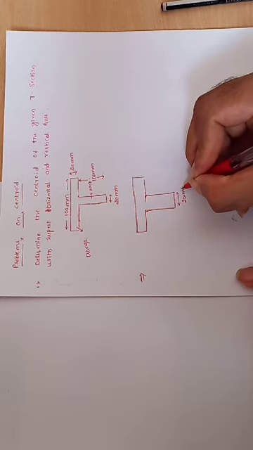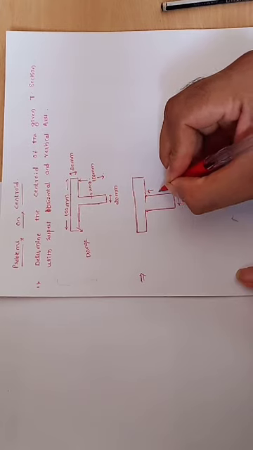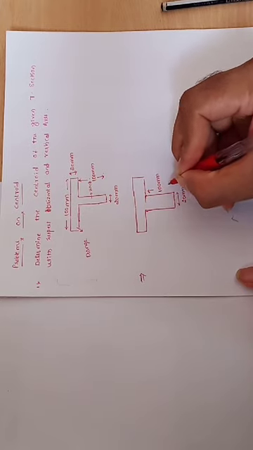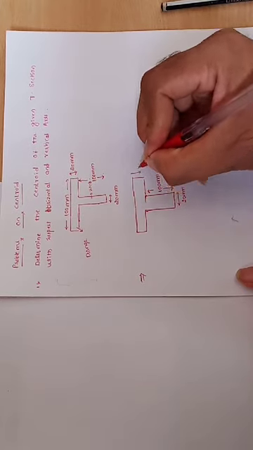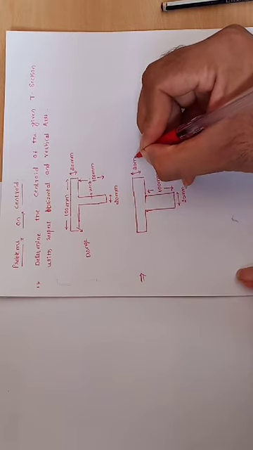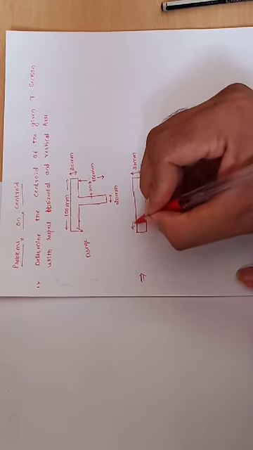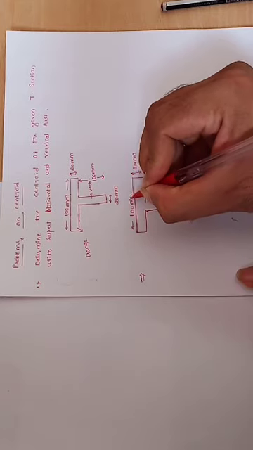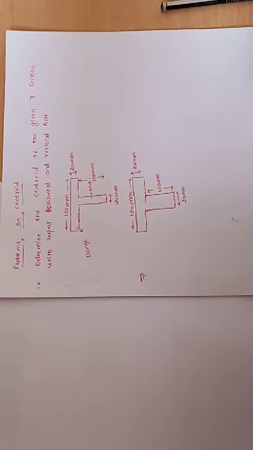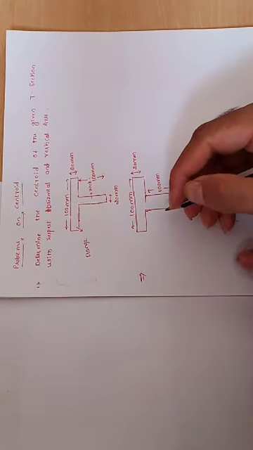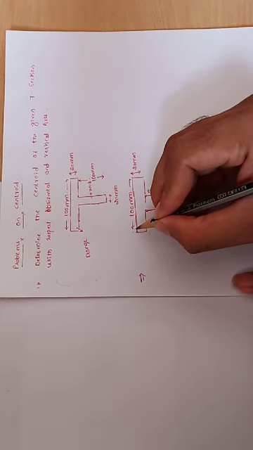So this is 20 mm, and this one will be 100 mm, and similarly this will be 20 mm, and this one will be 100 mm. If no reference axis is mentioned, I need to fix the axis of reference.